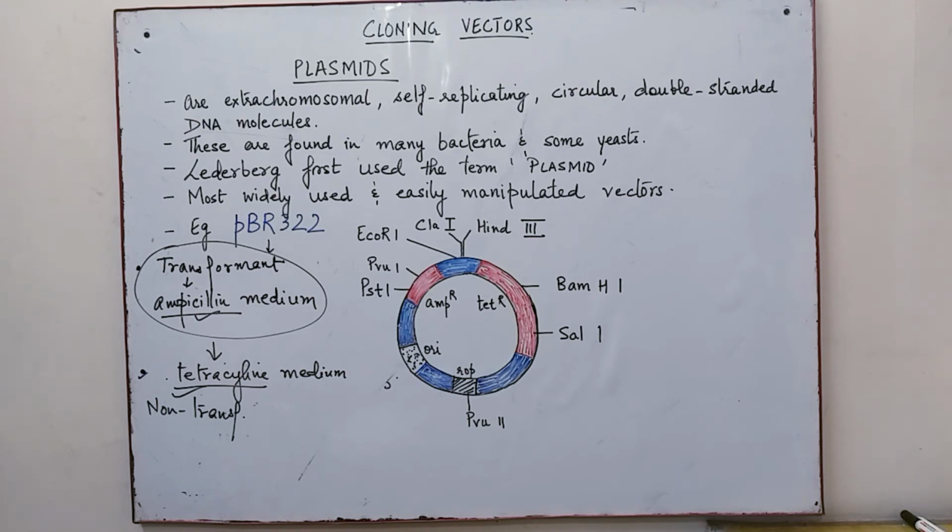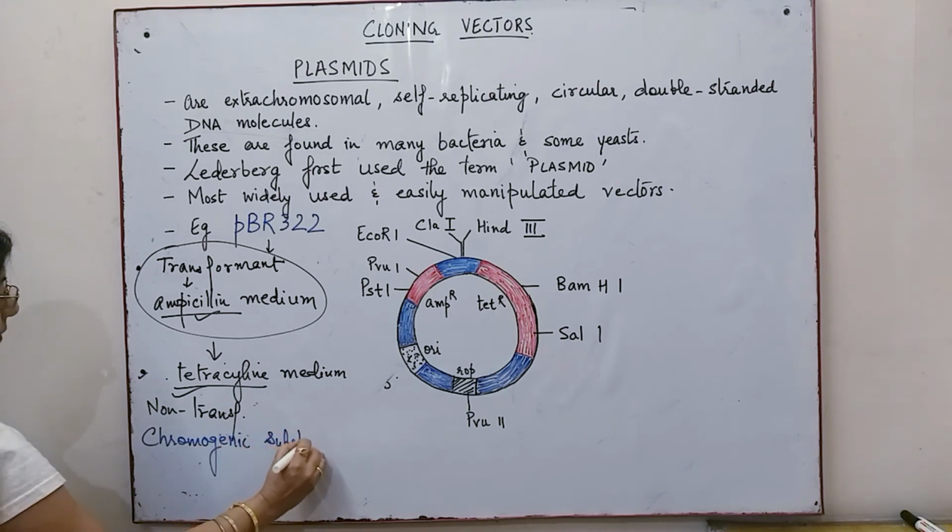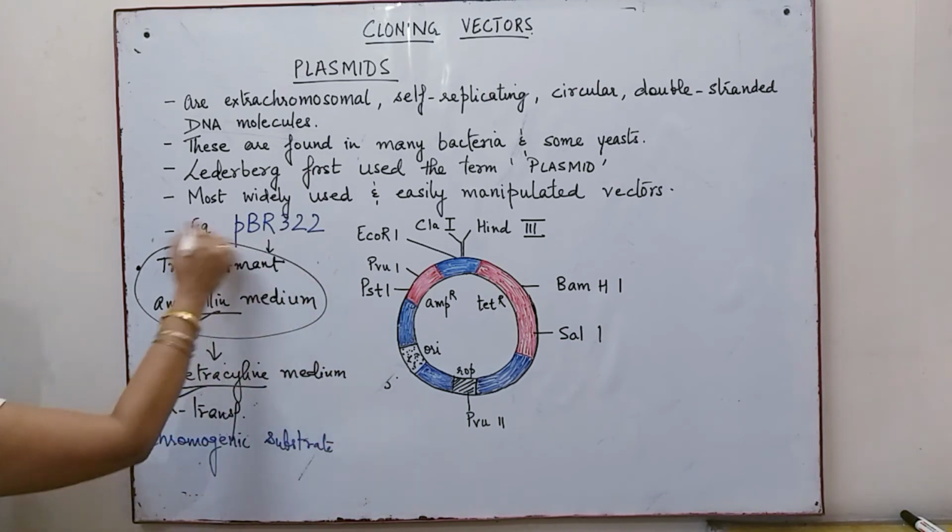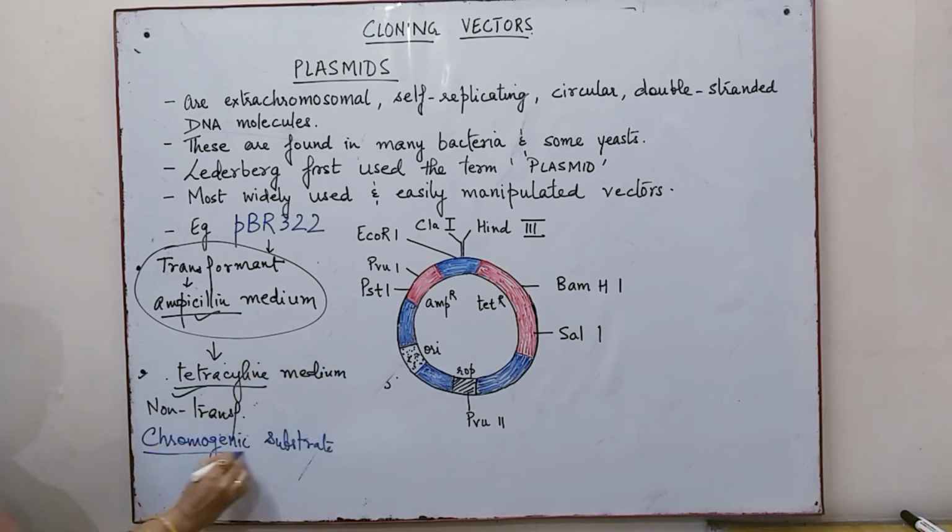So instead of growing it on medium, we can use chromogenic substance. This is a cumbersome process. So what are we using? We are using chromogenic substrate.